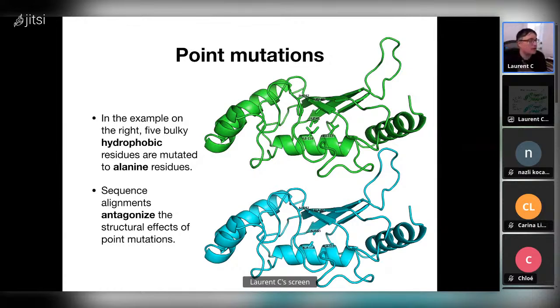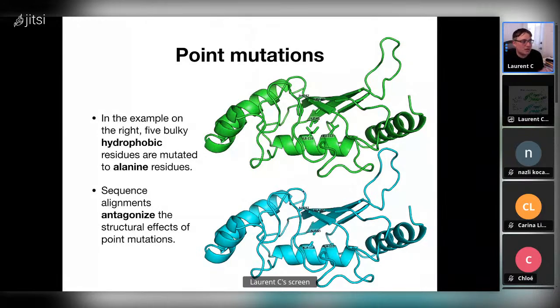This is one of the proteins that we work with in the lab. And if we start making mutations in the hydrophobic core of the protein, we can mutate a lot of those residues, and AlphaFold or other programs will still generate practically the same overall structure.